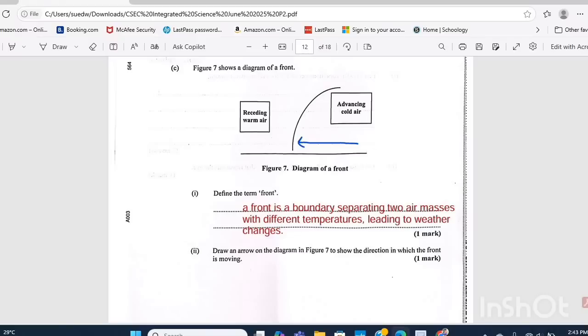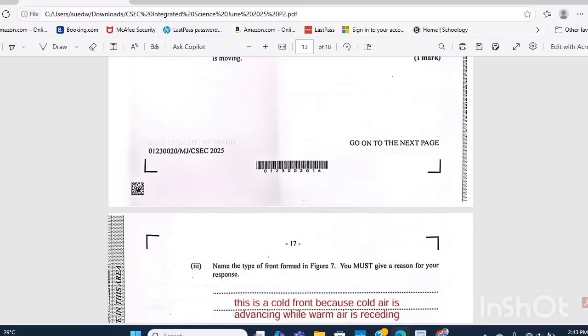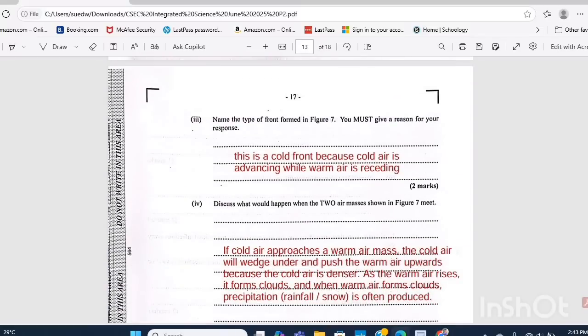So that is where it would be drawn. And then it says name the type of front formed in figure 7, and you must give a reason for your answer. And the answer would be it's a cold front because cold air is advancing while warm air is receding. So whichever air mass is advancing, that would give the name for the type of front.